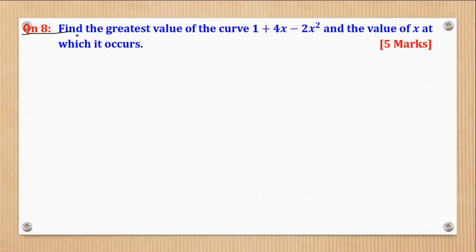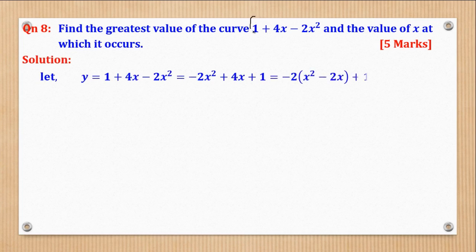Then question 8, find the greatest value of the curve this and the value of x at which it occurs. So we shall first let that expression be equal to y. Then we factorize out the coefficient of x squared. So what I've done, I've rearranged this to give you that.